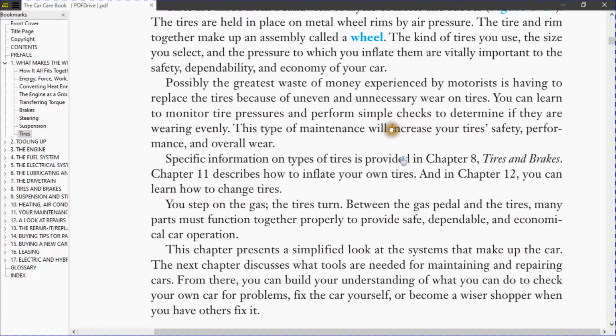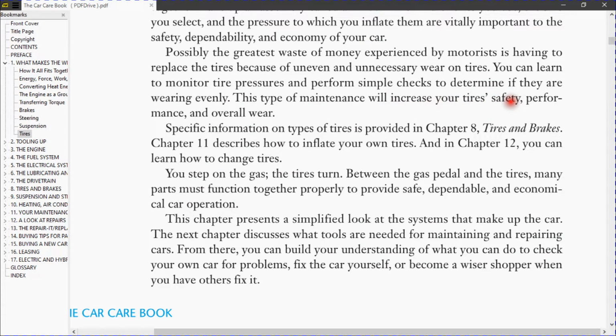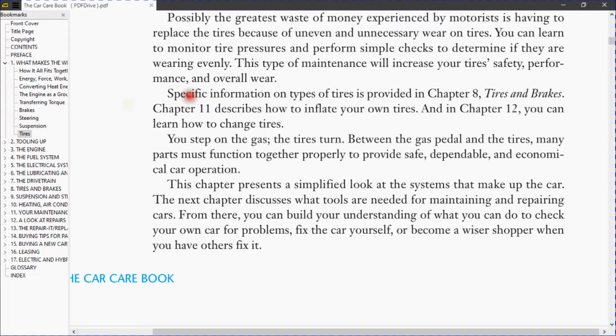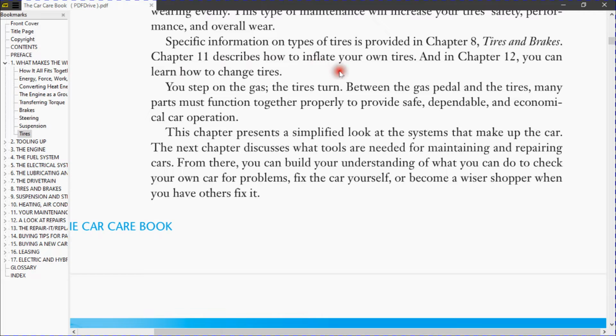This type of maintenance will increase your tire safety, performance, and overall wear. Specification information on types of tires is provided in this chapter. In chapter 11 we describe how to inflate your own tires, and in chapter 12 you can learn how to change a tire.